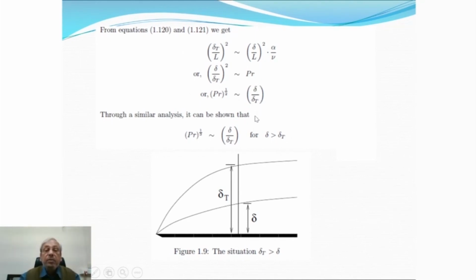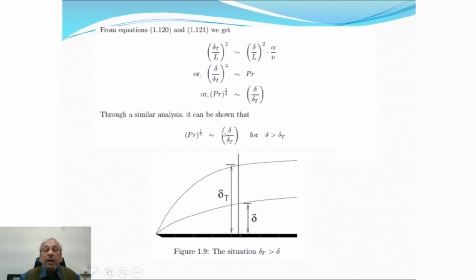Try to find out how δ by δ_T will be related to the Prandtl number if δ is greater than δ_T. If δ is less than δ_T, then δ by δ_T is proportional to Prandtl number to the power half. When δ_T is greater than δ, thermal boundary layer thickness is greater than velocity boundary layer thickness.